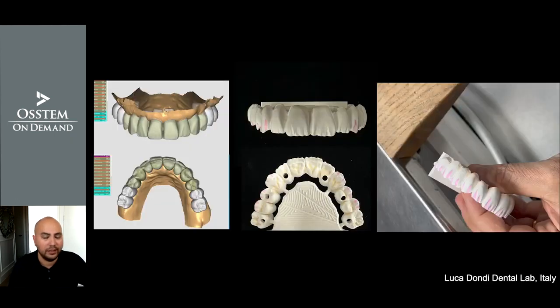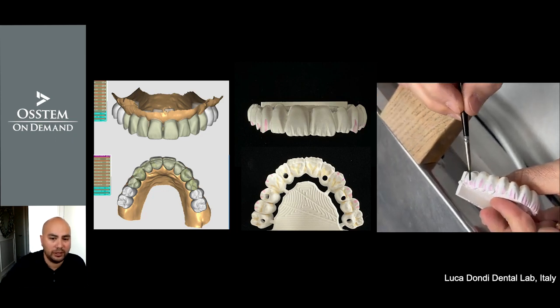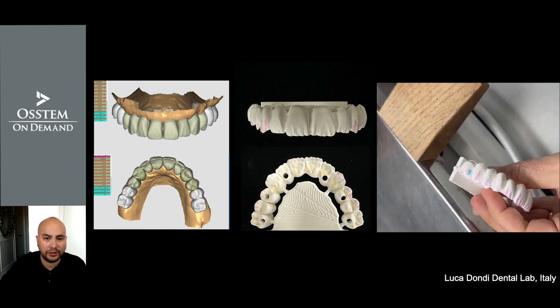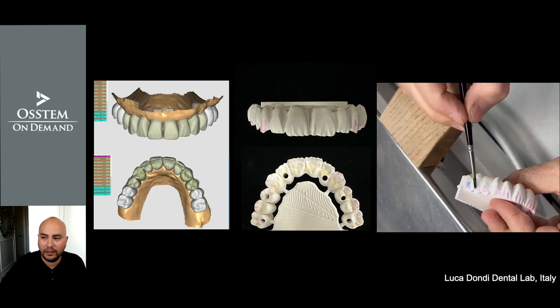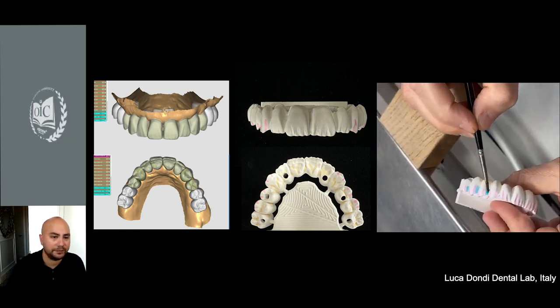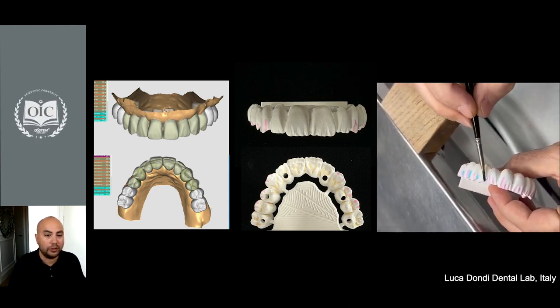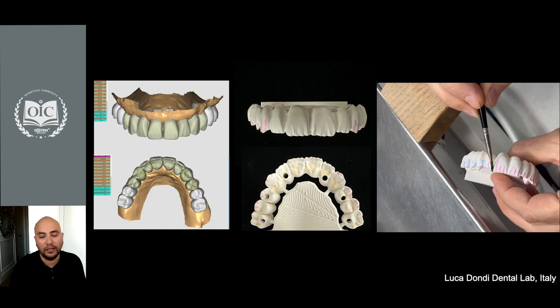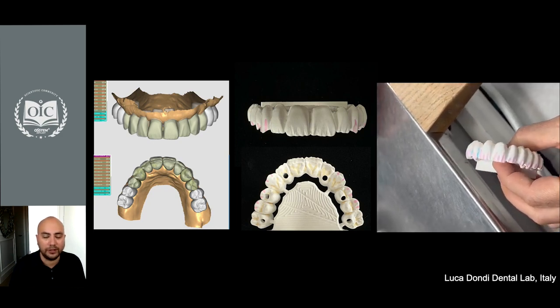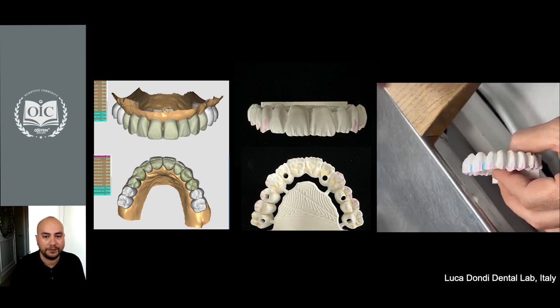So in this case, the upper restoration was multi-layer zirconia with a ceramic veneering, whereas on the lower arch we opted for a conventional FP3.